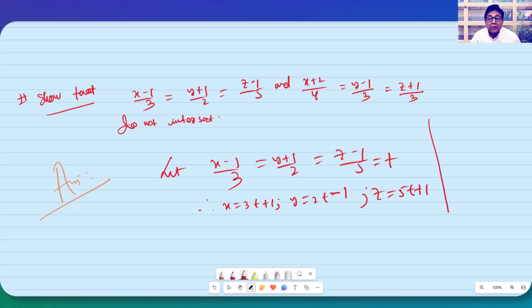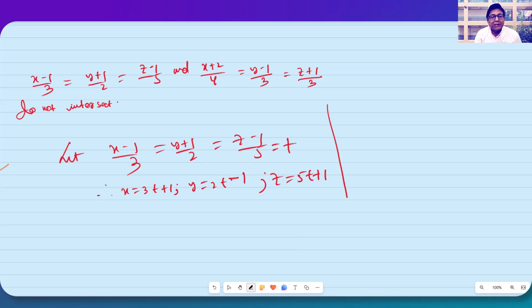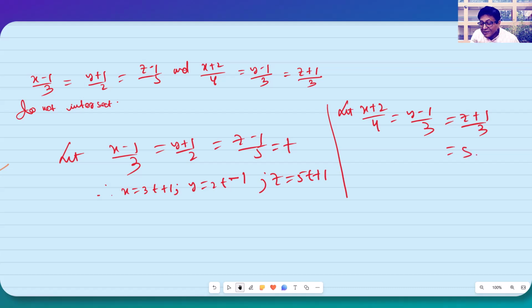Then you compare the second line with s, another parameter, exactly the way I told you. This is equal to s. So a point on the first line is of this form, 3t plus 1.